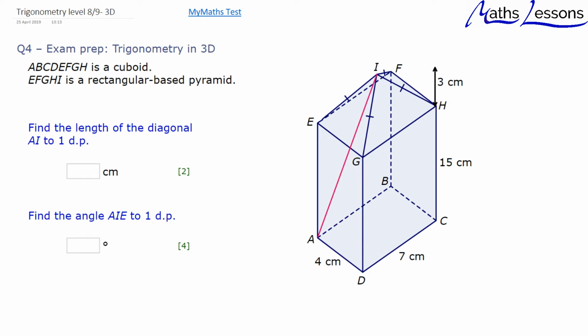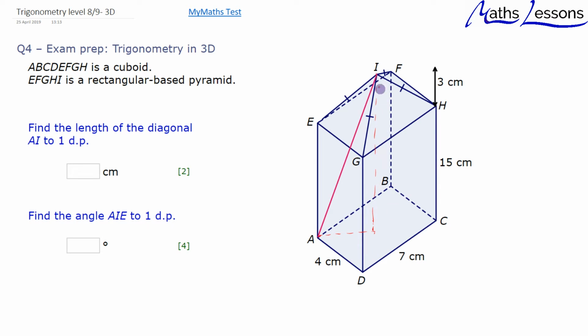Okay, so last question. Here we go. We're going to find the length of the diagonal AI here to 1 dp. So the first thing we're going to do is we're going to look at this triangle here.